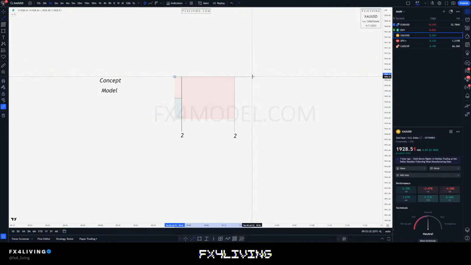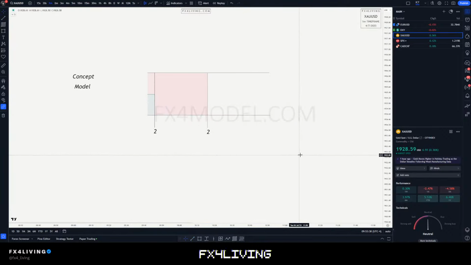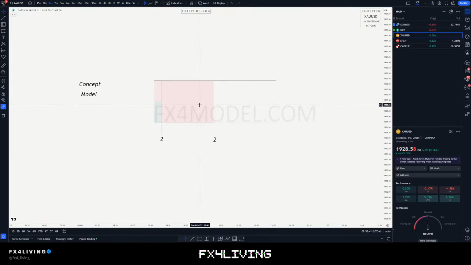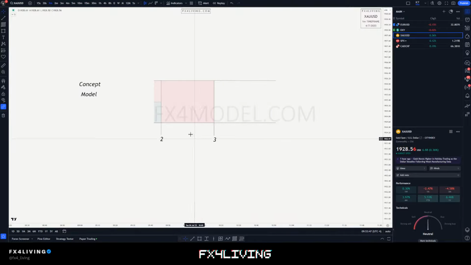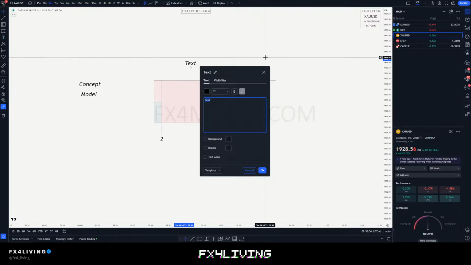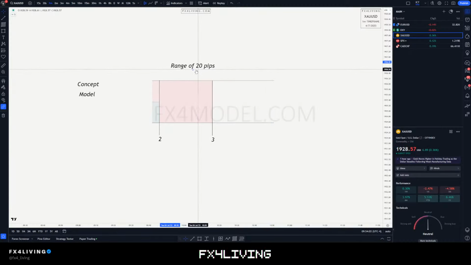After that, okay, this range, oh, I need to put 3 here, my bad. So from 2 to 3, that was a price range of 20 pips, right? A range of 20 pips.